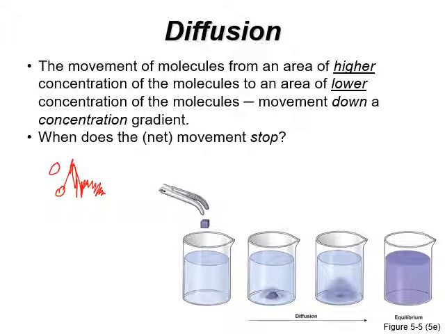So some of the main features of diffusion: we're going from high to low. The energy is coming from the molecule itself, its kinetic energy, that bouncing movement inherent in the molecule. And if left to go, the molecules will move until they reach equilibrium.